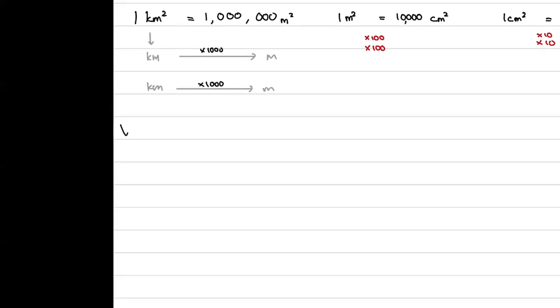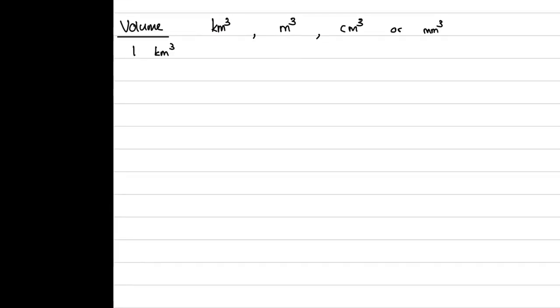If we look in terms of volume, it is the same thing. But when we write volumes, we have to write it in cubic kilometers, cubic meters, cubic centimeters or cubic millimeters. So now you can see it's actually a cube, which is 3 times. If I tell you 1 cubic kilometer, which is actually huge, it means that if I draw a cube and show it to you, it is 1 kilometer here, 1 kilometer here, 1 kilometer here.